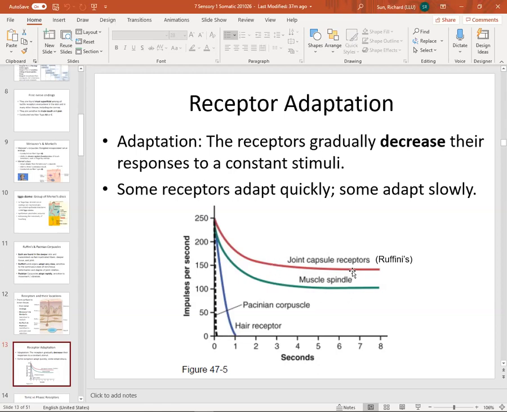But part of our brain takes that information to conduct a movement, because our brain needs to know where our fingers, our arms, our legs are located. So they need to get that information, and so these receptors cannot stop working. They have to continuously send signal into the brain. So these will adapt slower.